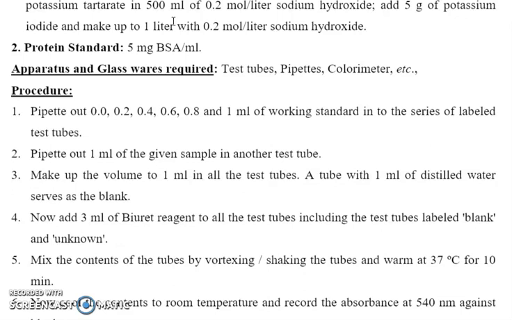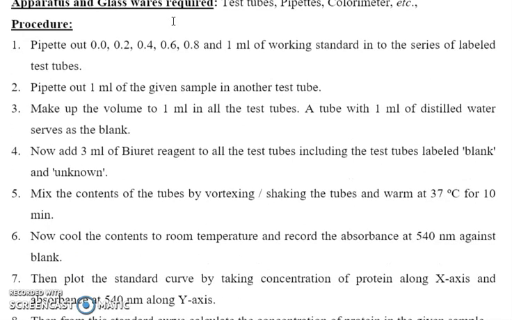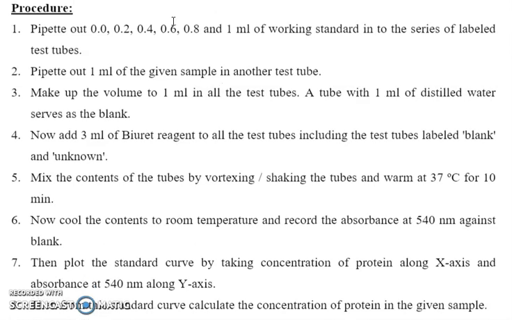Pipette out 1 ml of the given sample in another test tube. Make up the volume to 1 ml in all test tubes. A tube with 1 ml of distilled water serves as the blank.